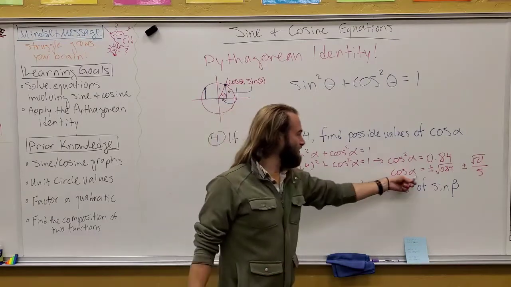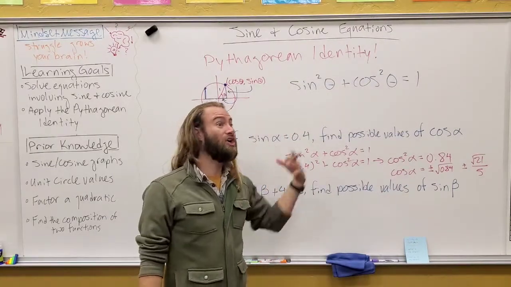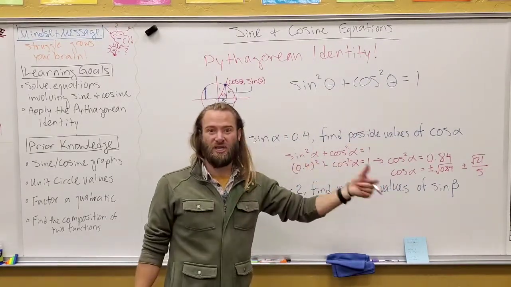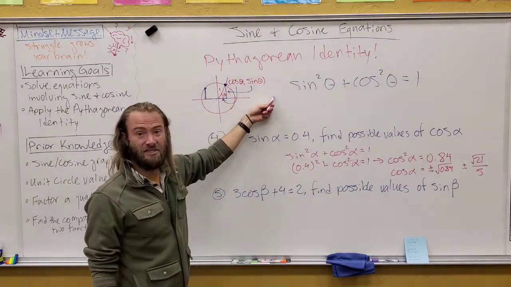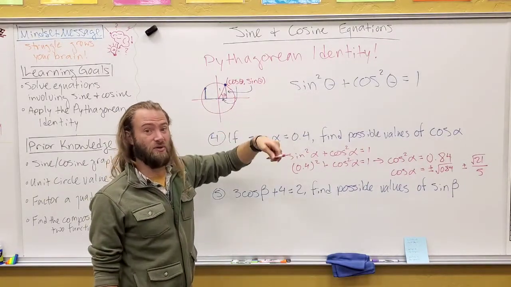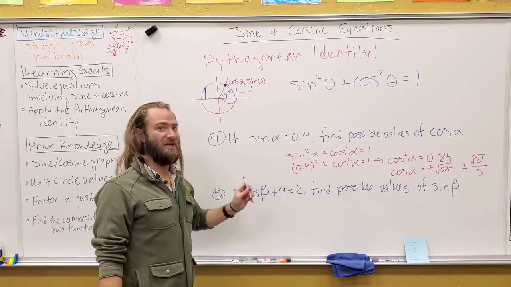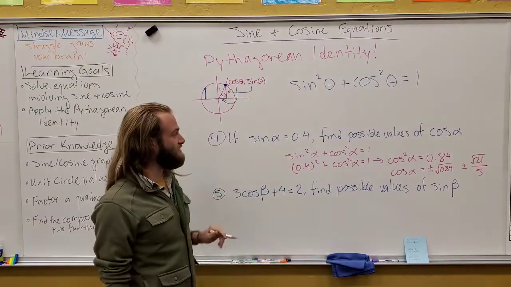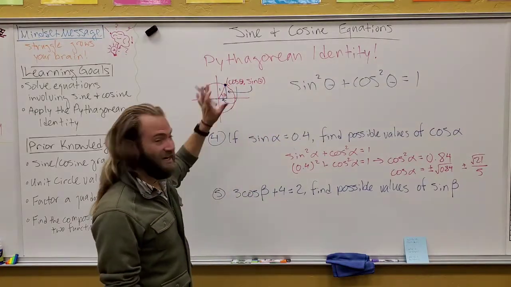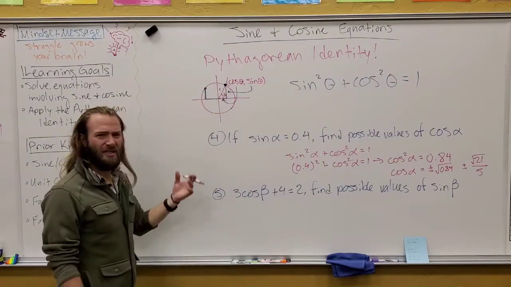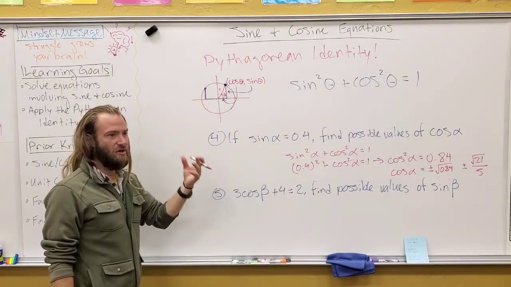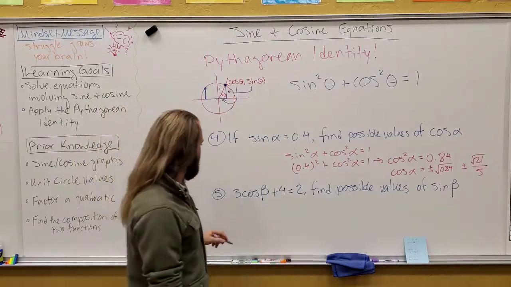Now remember, we didn't even ask for what the angle is. We're just saying if you know sine, can you know cosine? That's what's really good about this, is if we know sine, we can find cosine. And if we know cosine, we can find sine. So that's the purpose of that identity that makes it really helpful. And you may write that down. If we know sine, we can find cos. If we know cos, we can find sine.